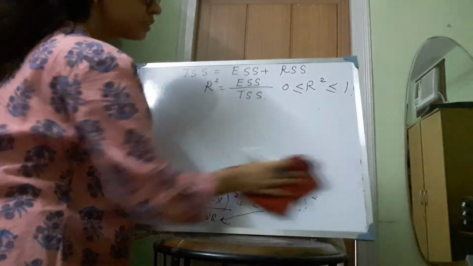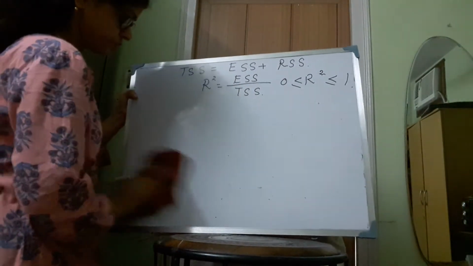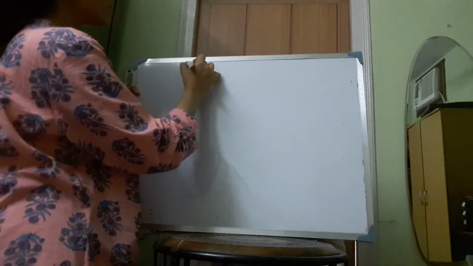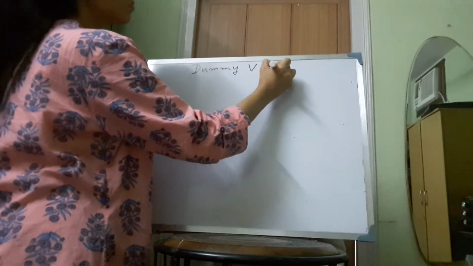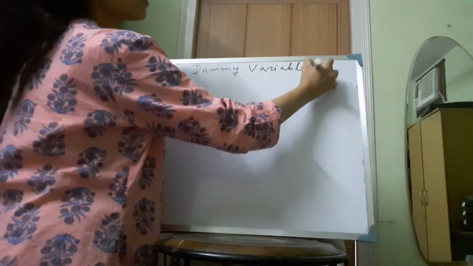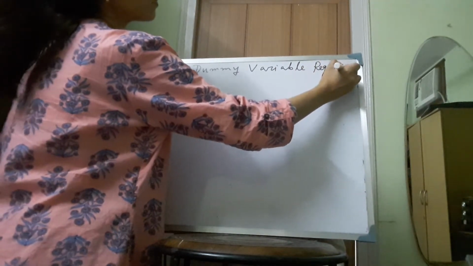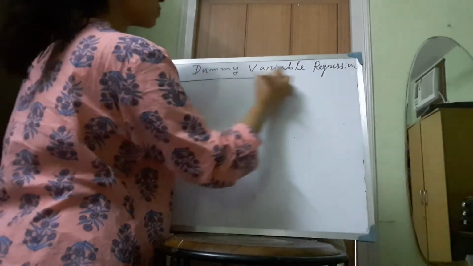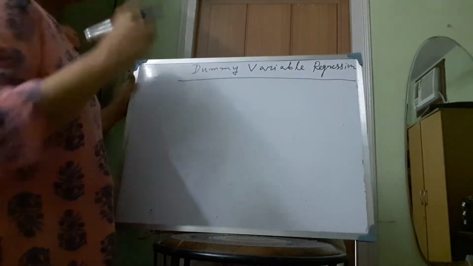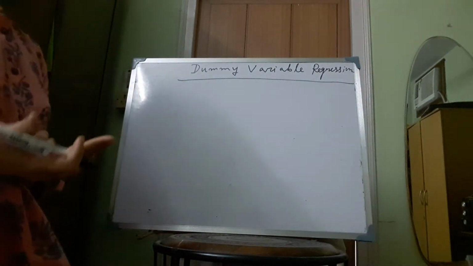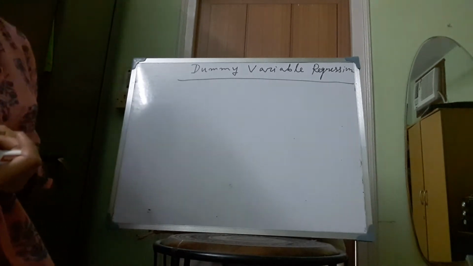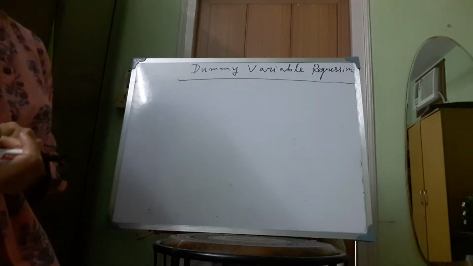Next we consider the dummy variable regression. We use the dummy variable regression when the independent variable is qualitative in nature, that is, it is not measurable.